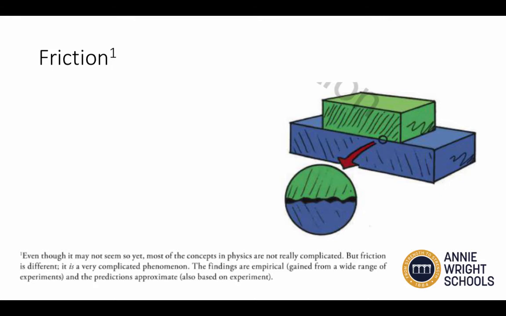So friction opposes motion due to these rough surfaces between objects. Now, some things are really smooth, like ice. If you stand on ice, you'll slip around because there's less rough surface and less friction.